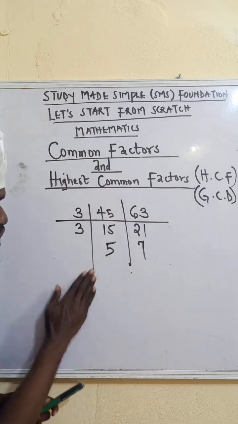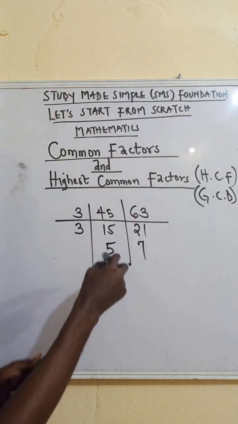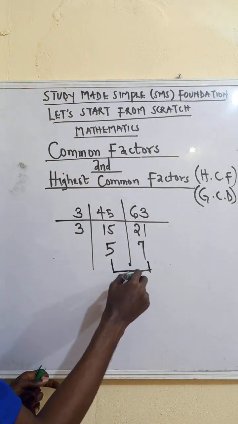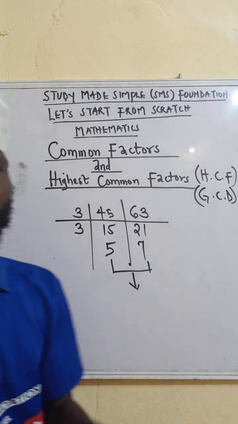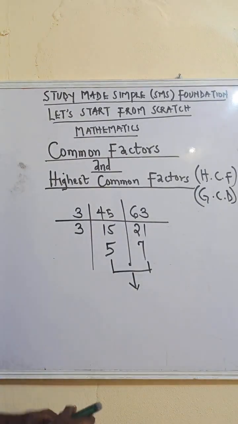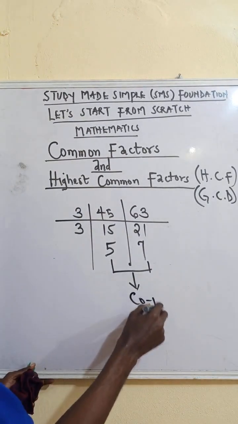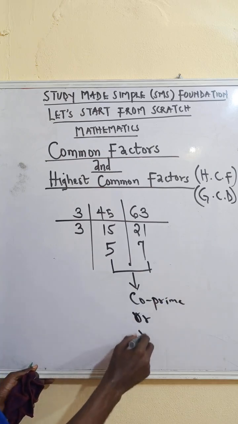Now, this point that we reach, these two numbers, no other number can go in there apart from 1. So if it occurs like this, that there is no other number that can divide two particular numbers, then we say the two numbers are co-prime, or relatively prime.